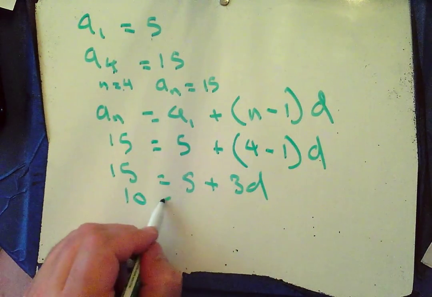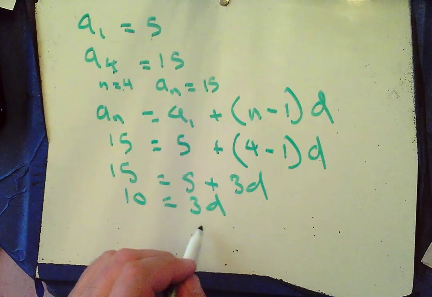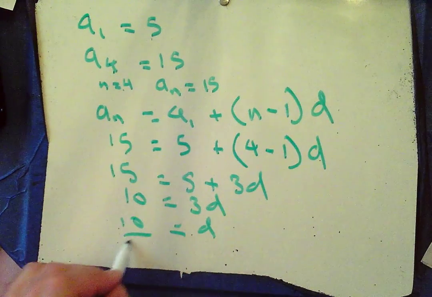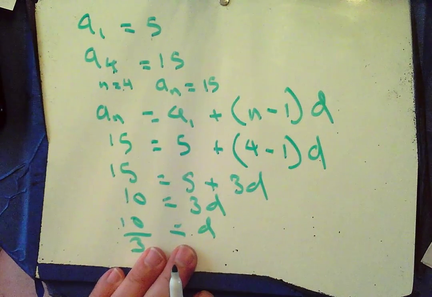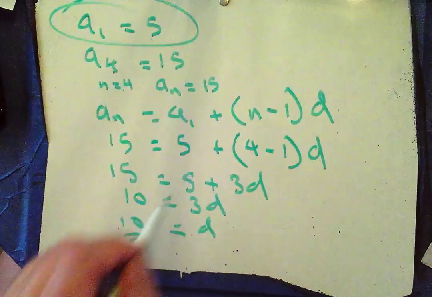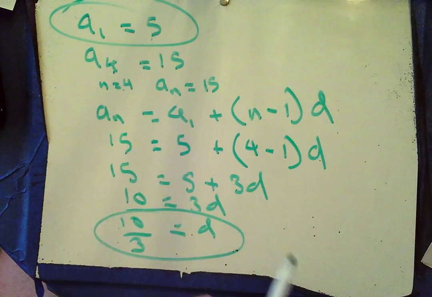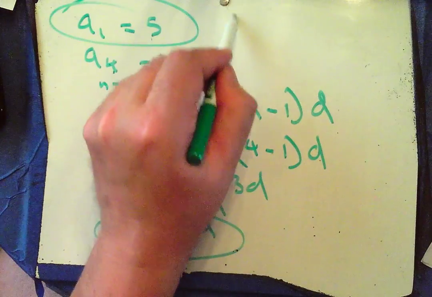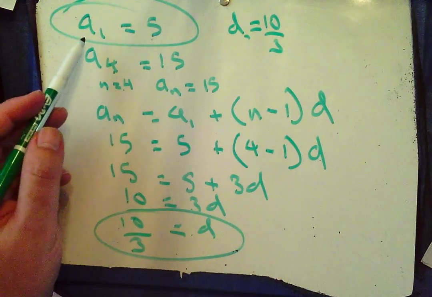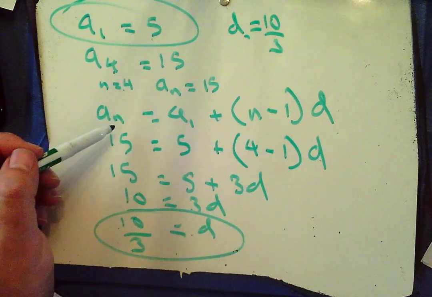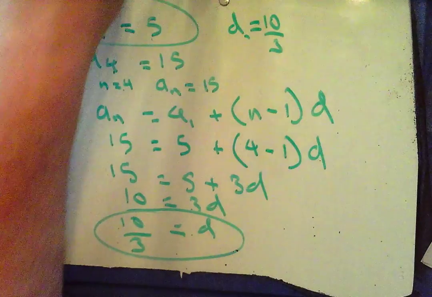Or 10 equals 3d, where d equals 10 divided by 3. Well, that's great that we have a d value, and we have an a sub 1, but we're not done yet because we were asked to write the arithmetic rule where d equals 10 thirds and a sub 1 equals 5.